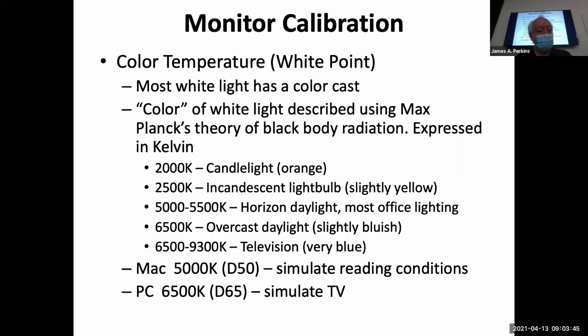By the time you get up to much higher temperatures, 5000 to 5500 Kelvin, this is like the daylight looking over the horizon, or a lot of typical office lighting. It still has a slight warm cast to it. Not these, because these are fluorescents.